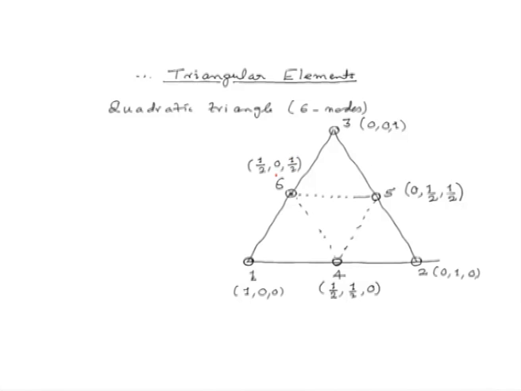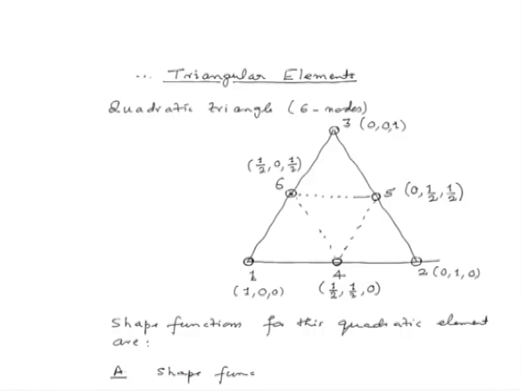So, now how do we define the shape functions? So, the shape functions for this quadratic element are, we will first define the shape functions for corner nodes. So, that is case A. Shape functions for corner nodes, that is nodes 1, 2 and 3.